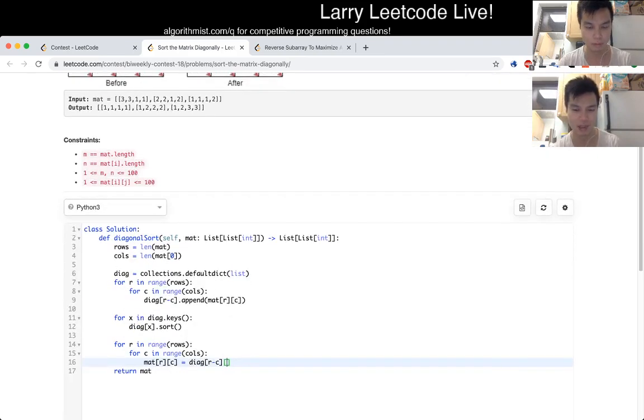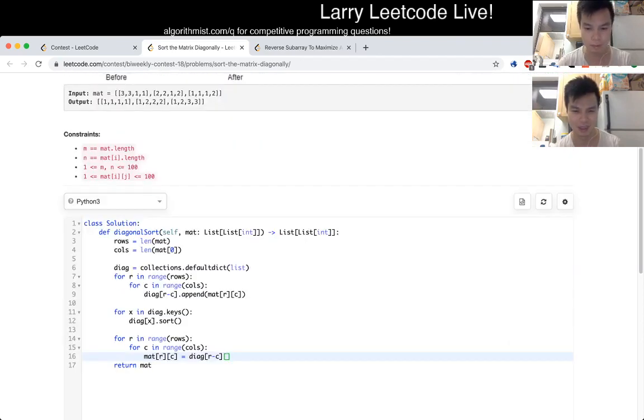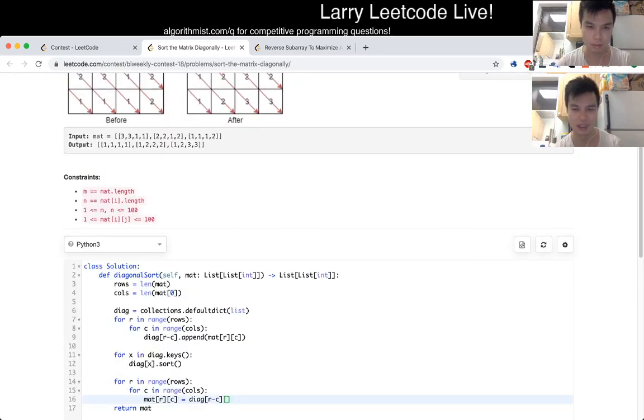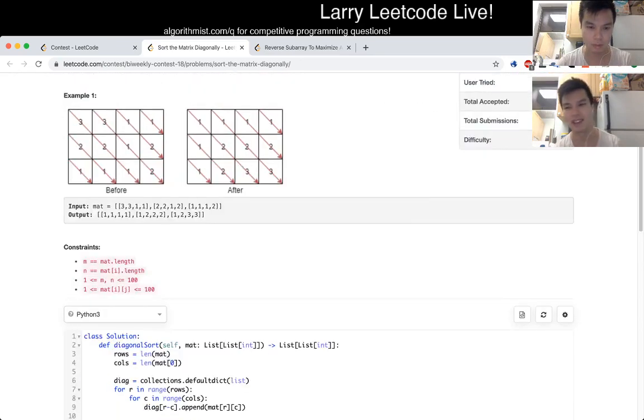So O of n squared, but n in this case is 100, so it's not that bad. But you could get it down still a little bit more. So anyway, it is not great.